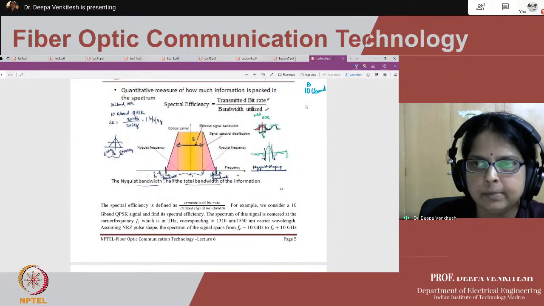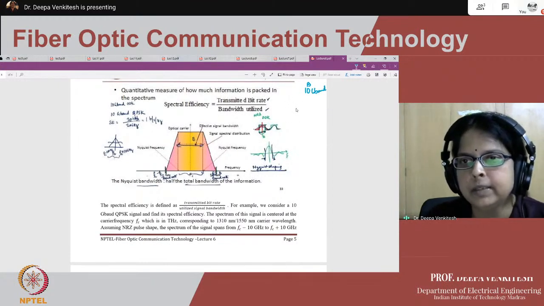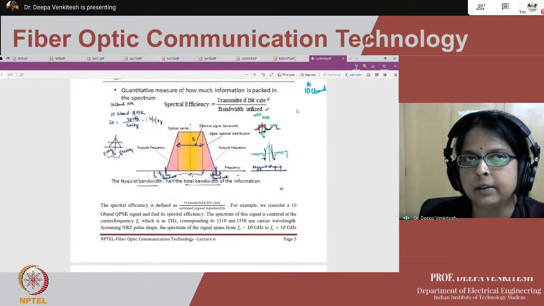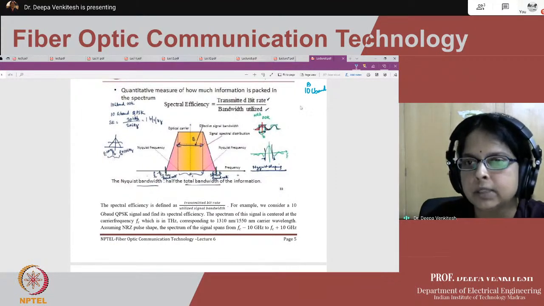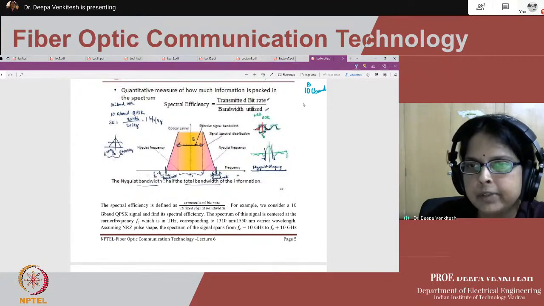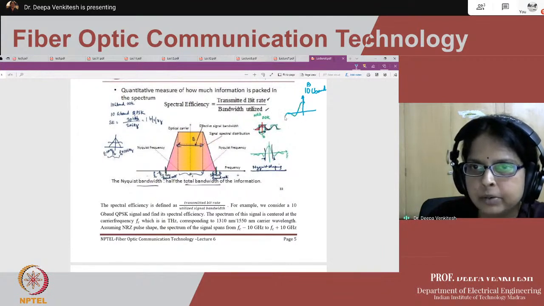In one symbol, you could have 2 bits in case of QPSK, or 4 bits in case of 16 QAM. But if your symbol is going at 10 gigabaud rate, and if it is a non-return to zero kind of pulse shaping, your spectrum is going to look like this.